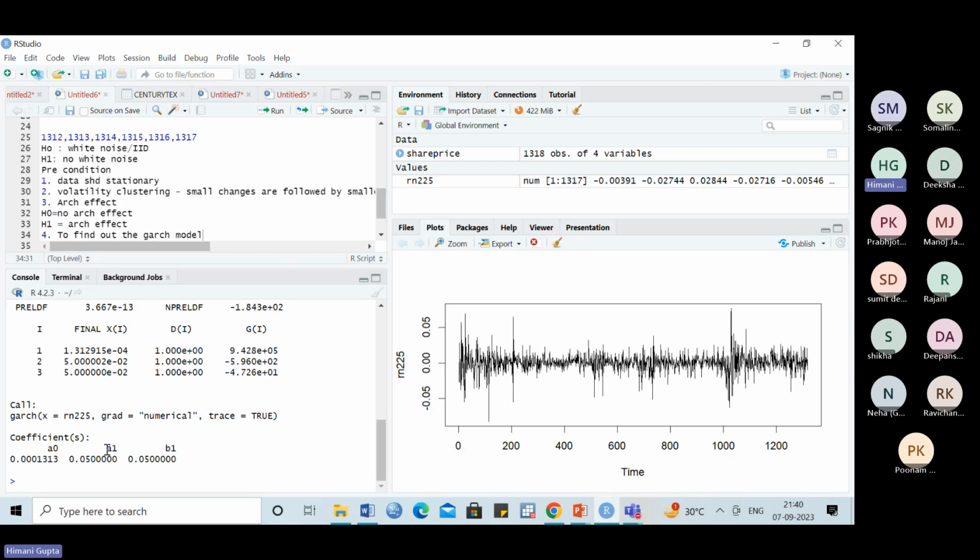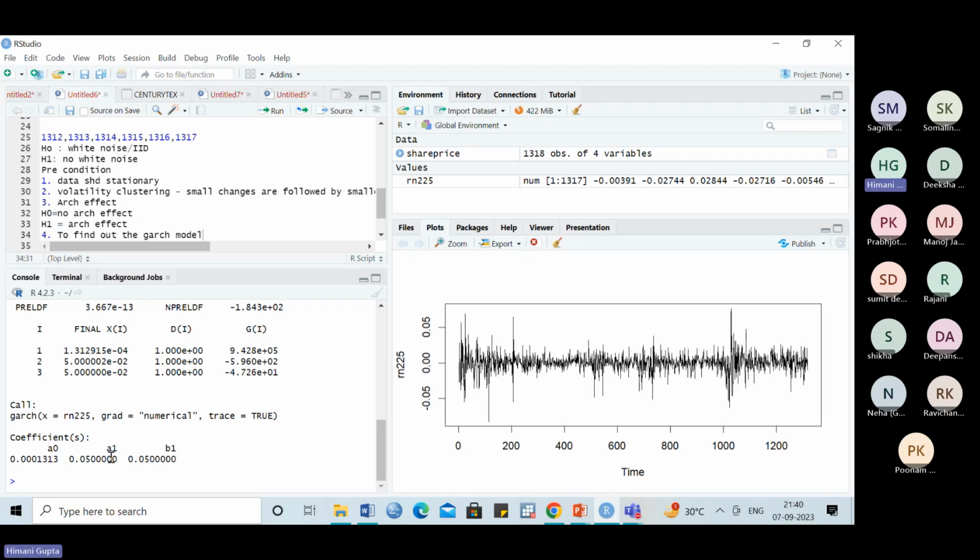The ARCH model is an error term model and the GARCH model is your volatility model. The ARCH model is saying that today's volatility depends on the one-day-back error term. Whatever news came yesterday is affecting the volatility of the share price today. And beta 1 is saying that today's volatility is also affected by the volatility of the previous day.